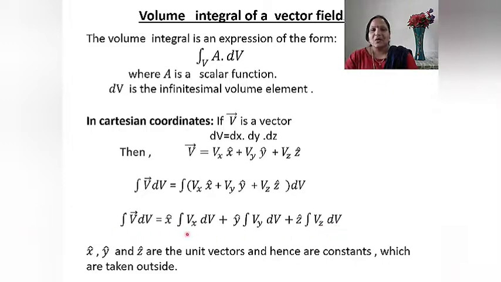This is the volume integral in the Cartesian coordinate system, where x cap, y cap and z cap are unit vectors and they are constants, therefore they are taken outside the volume integral. This is about the volume integral of a vector field.